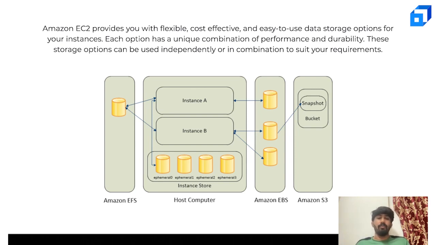And yeah, so this is the instance store. It is stored within the instance itself. And then finally comes Amazon EBS, called the Elastic Block Store. Elastic Block Store is basically the main storage type used in EC2 instances. For example, when you launch an EC2 instance, you can choose to take an EBS volume.